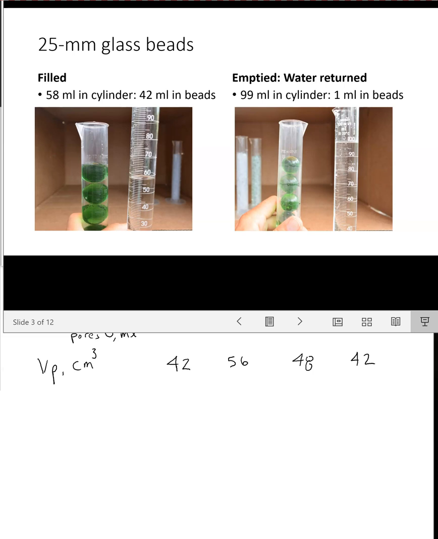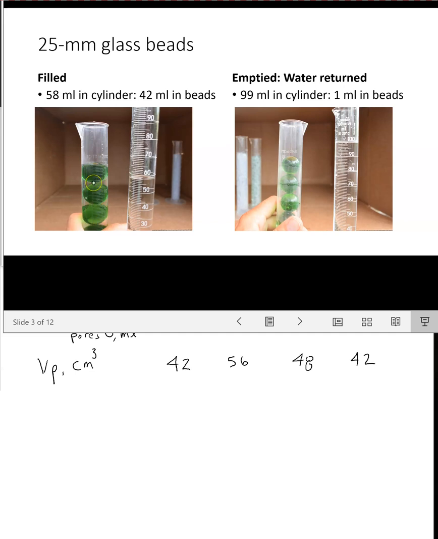Continuing with our example using our glass beads, we first poured water from the graduated cylinder into the cylinder containing the beads with a total volume of 100 cubic centimeters. We used the water remaining in the cylinder to determine the amount of water that was held in the beads, which was related to the total porosity of the container.